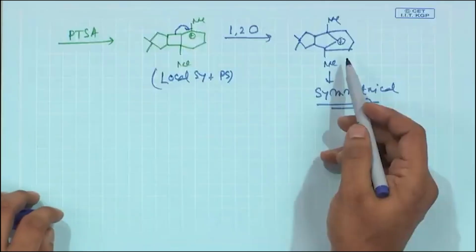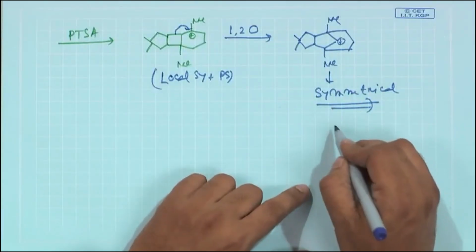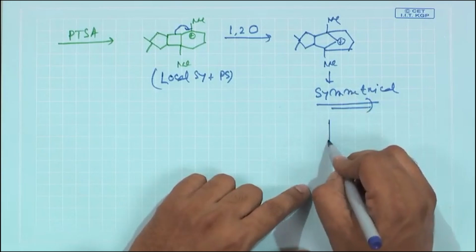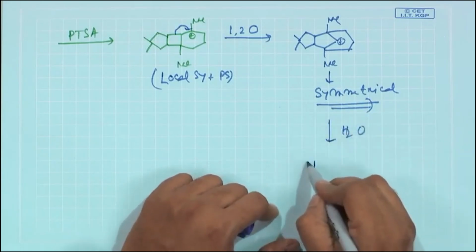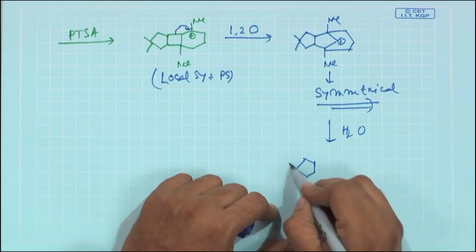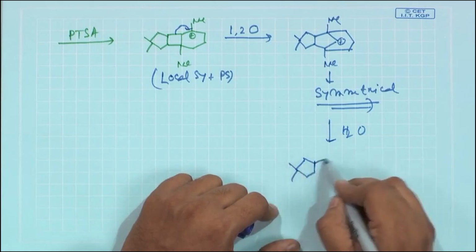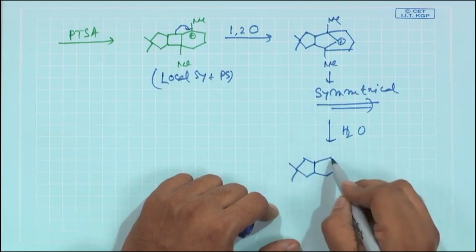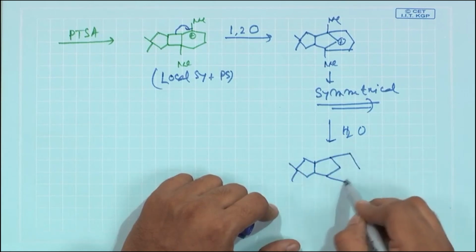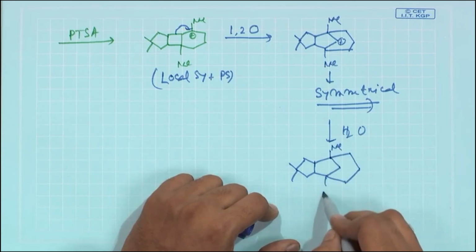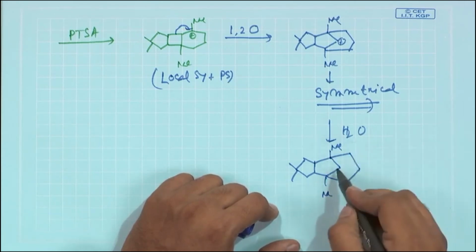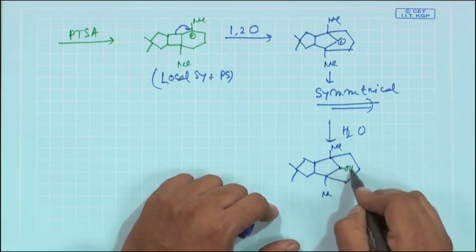That is exactly what we did here. Now, if you see it is perfectly symmetrical, you react with a water molecule and then you will find that your methyl will be there, methyl will be there, and you basically have an OH here.